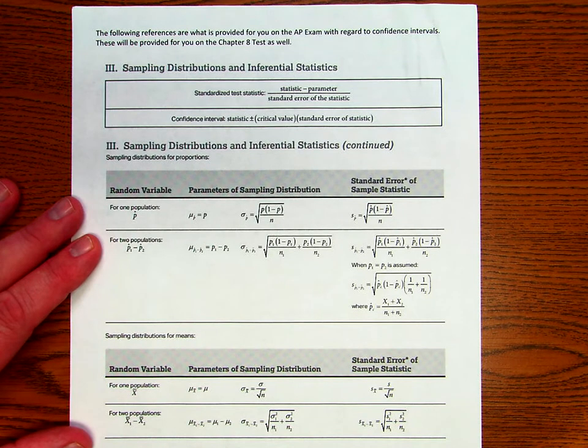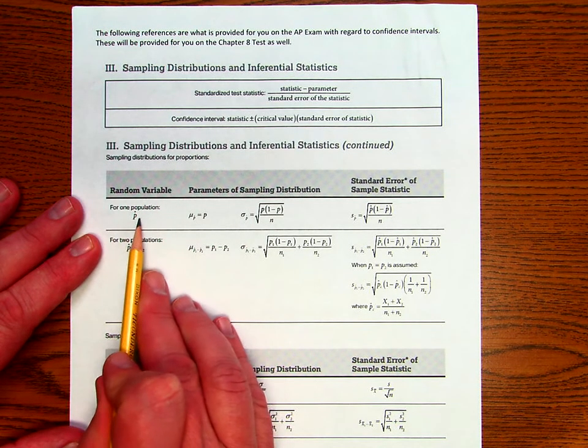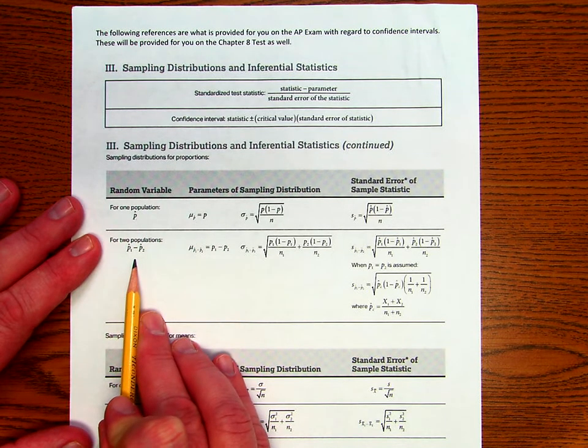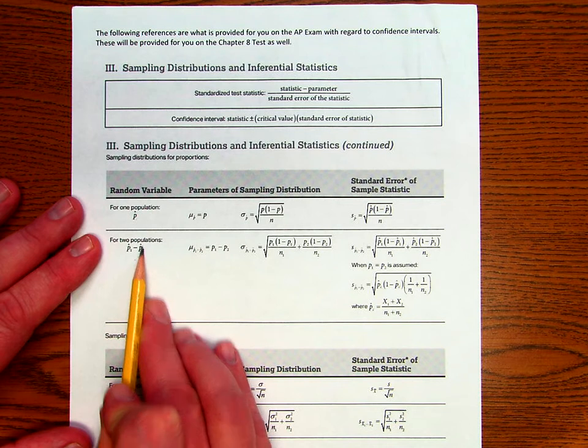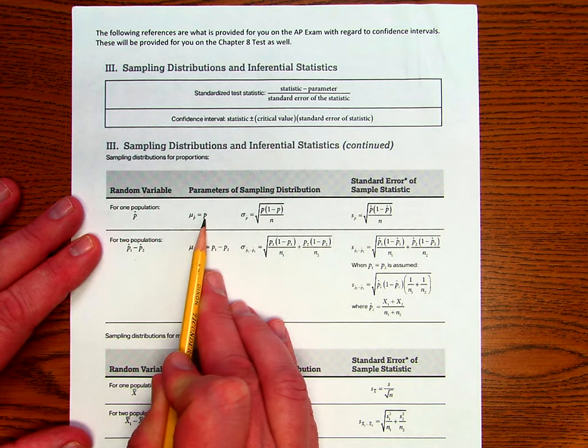Okay, when you're dealing with proportions, we've done one sample. There's also two sample versions. We're going to get to this, I believe, next chapter. This is not in chapter 8. So this is one sample from one population. The mean of the sampling distribution is equal to the population proportion.